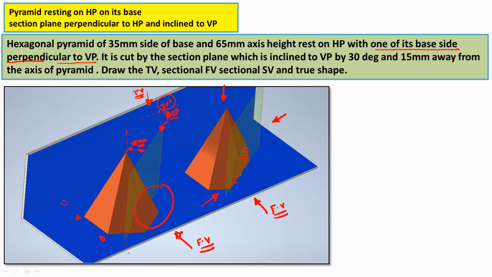So you should draw the right-hand side view, which will be on the left side of the front view. Okay.